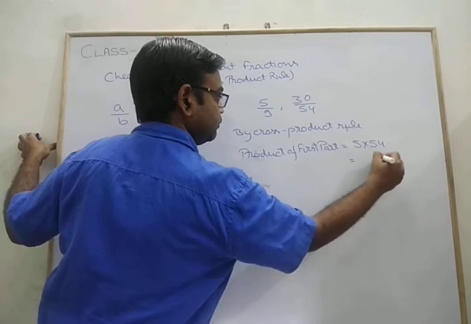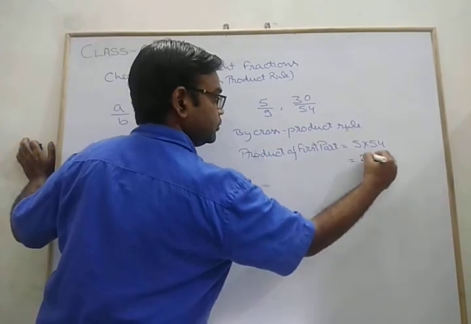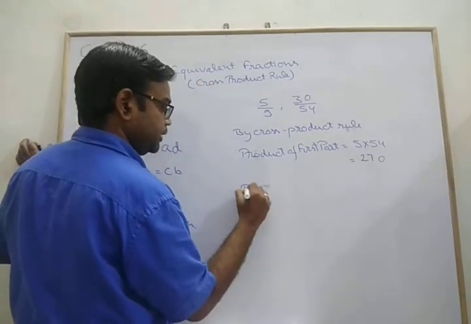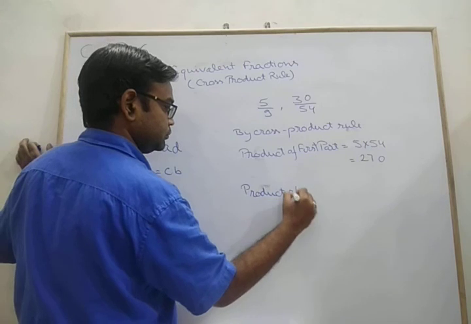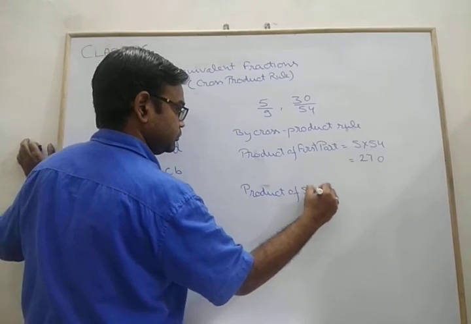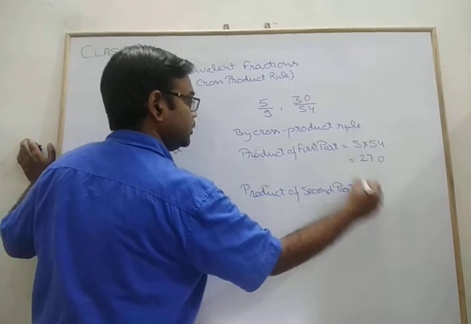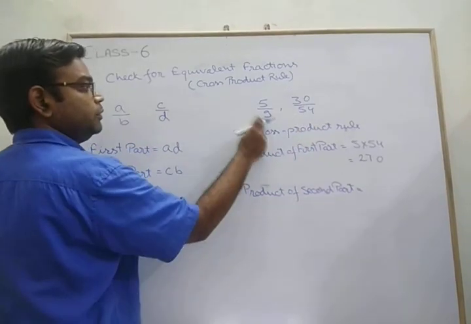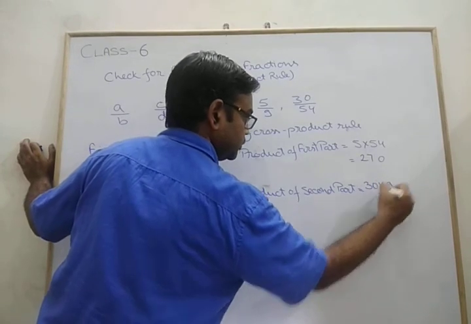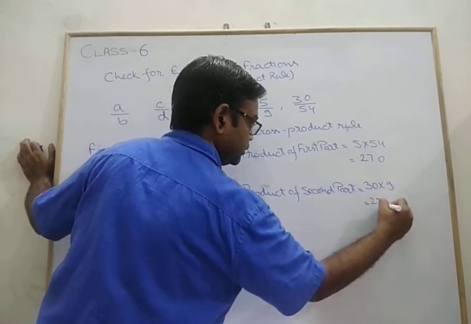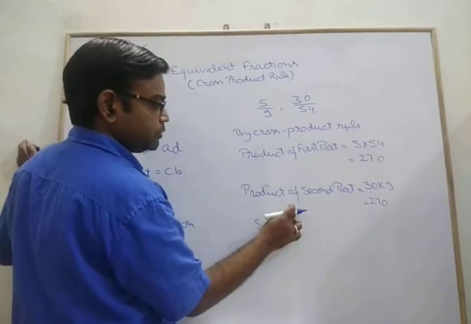This is 5 4s are 20, 5 5s are 25 plus 2 is 27, so 270. Then the product of the second part equals the numerator of the second part into the denominator of the first part: 30 into 9, again 270. So we observe that this part is equal to this part.